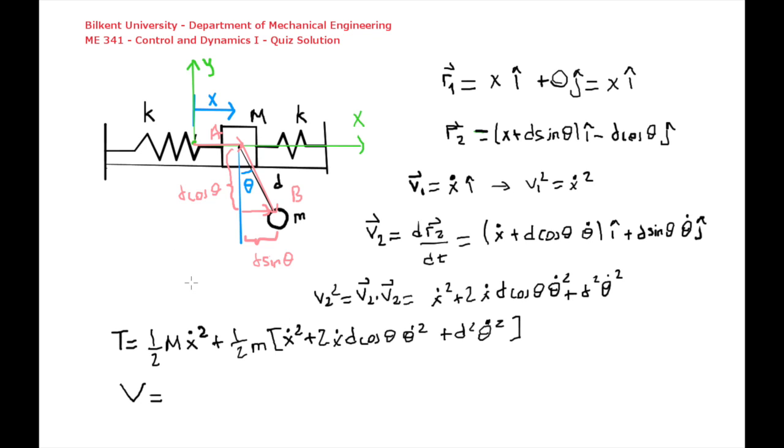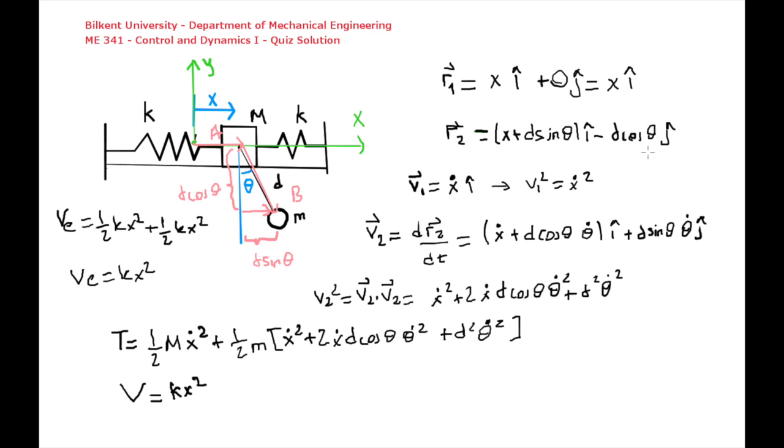First of all, for elastic, it is of course 1 over 2 k x square for the first spring, because it's, for instance, elongating. But the other one is going to be compressed the same amount, so it's going to be 1 over 2 k x square as well. So the elastic potential energy is simply k x square. So I will have k x square here.